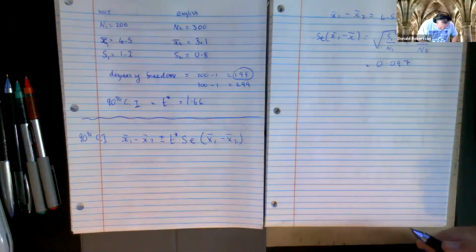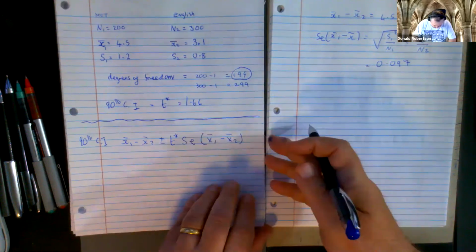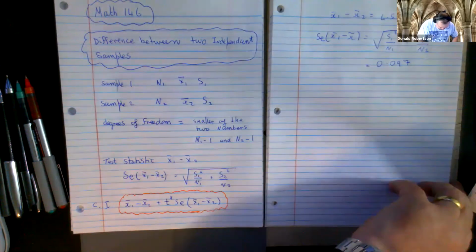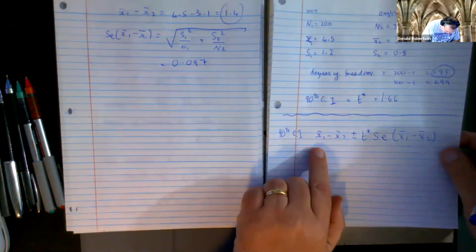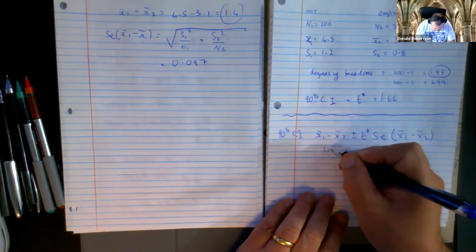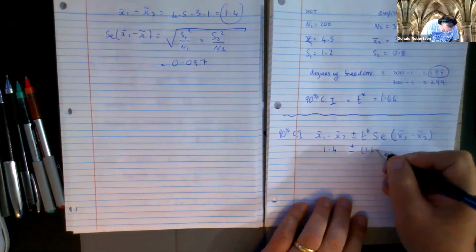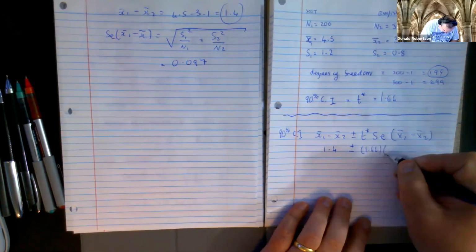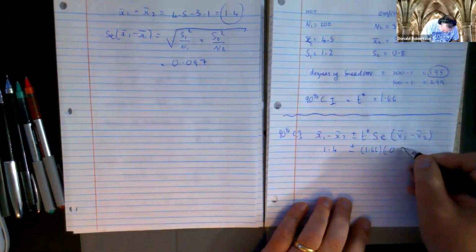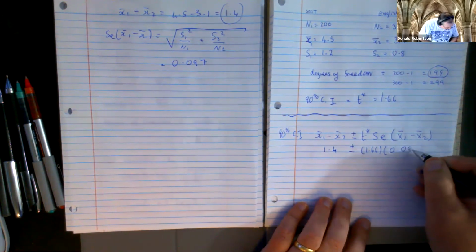Right, so I can put all that together now. The difference is 1.4, give or take the magic t-score, which is 1.66, multiplied by 0.097.